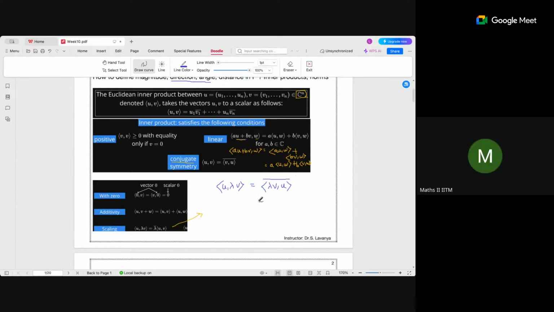Now apply the property we are using here: when you take out a scalar, you have lambda bar times the inner product of v comma u, again with a bar. Now can I flip this again? Apply conjugate symmetry again, and this becomes u comma v. So you see the inner product of u comma lambda v is lambda bar times the inner product of u comma v. Is that fine?